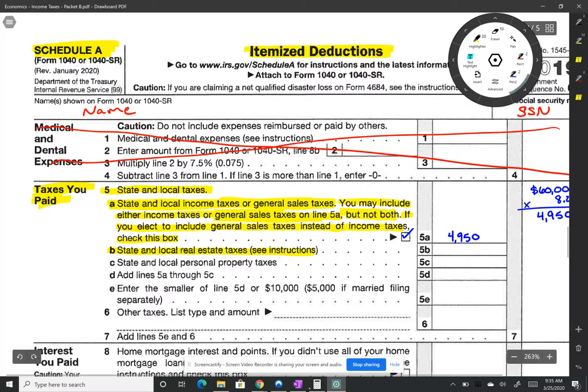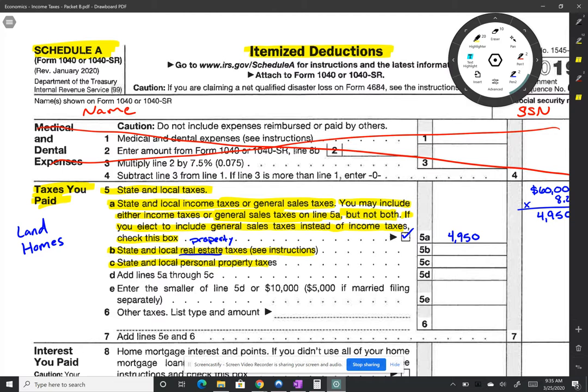Okay. And the next item up is 5B, state and local real estate. So real estate right here, that's just another word for property, like physical property, not land, homes. Okay, that's real estate. Down here, 5C says state and local personal property. Well, those are things like cars, jet skis, things that are movable, tangible and movable.